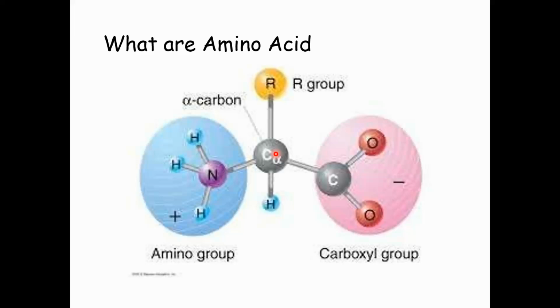Because it has 4 electrons in its outer shell, so they can pair up with electrons coming from other atoms. So wherever we find carbon, it has the capability to make bonds with 4 other atoms, or pair with 4 other electrons.